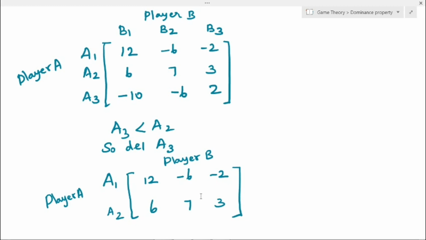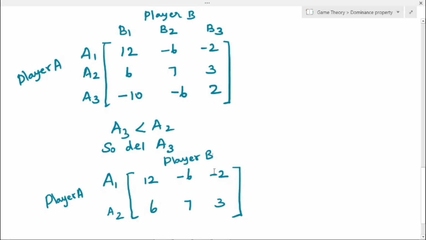So now we will move on to the column wise checking. Okay. So column dominance. First compare the first column and the third column, because in the first column we have the value 12, and in the third column -2. Which is greater? That is 12. And similarly here 6 and 3. So 6 is greater. So the elements of column 1 are greater than column 3.